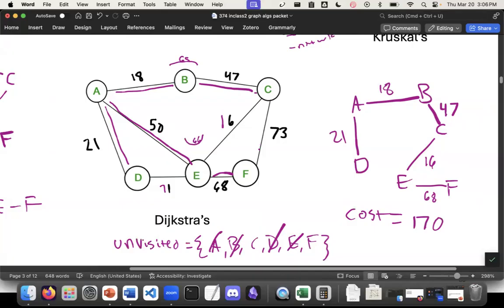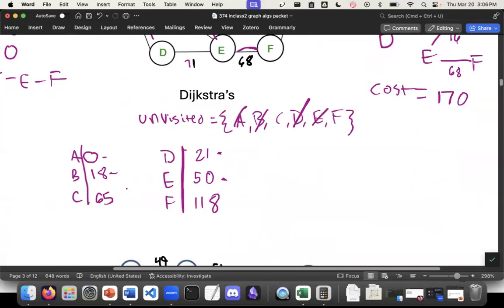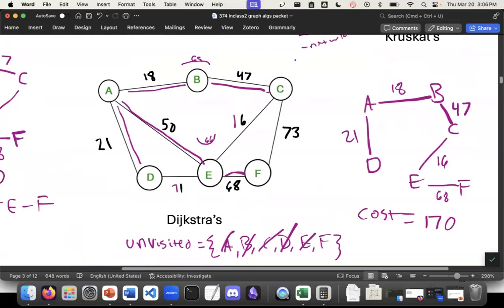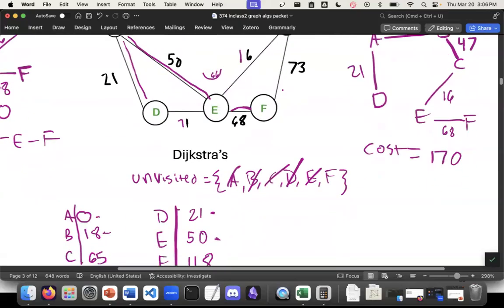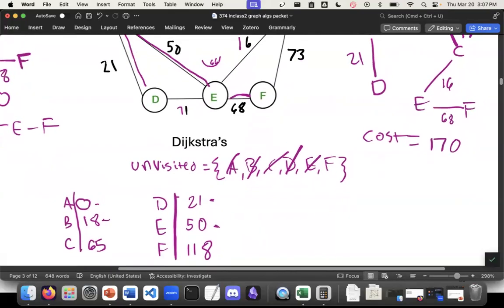I think the answer is also no. So I think we're done with C. And then F. We look at if it is cheaper to go from 50, 68, 73 versus the current cost to get to C, which is 65. That answer is clearly no. So I think we're done.